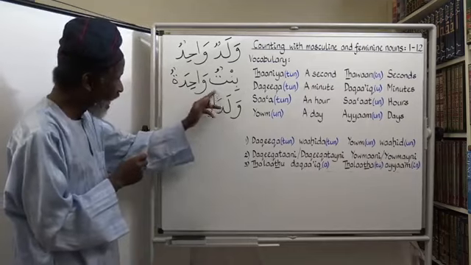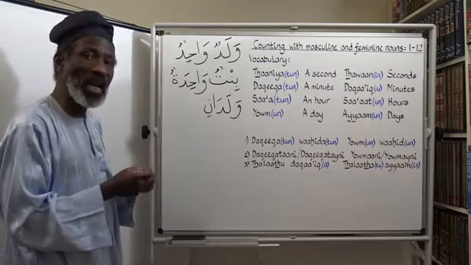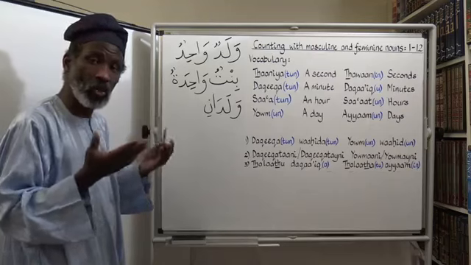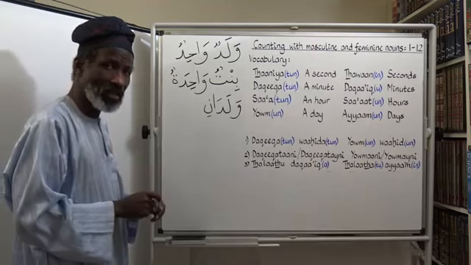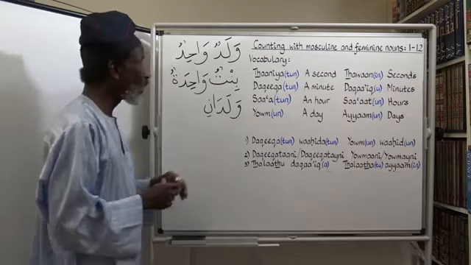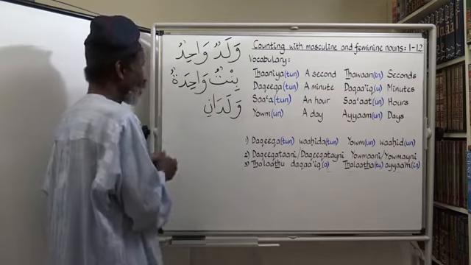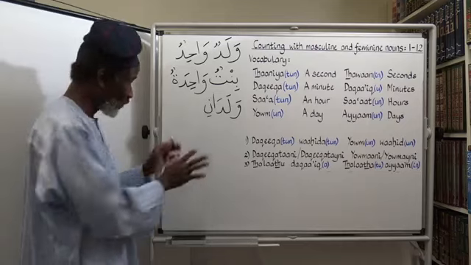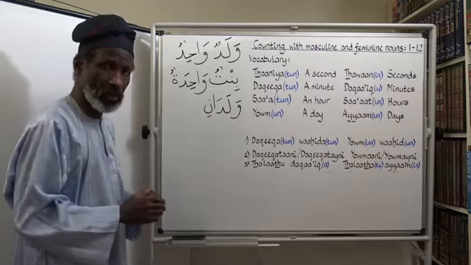So we have this ani ending, waladani. That becomes 2 boys, and that is the default, nominative. If you want to say 2 boys, it's already 2 boys.